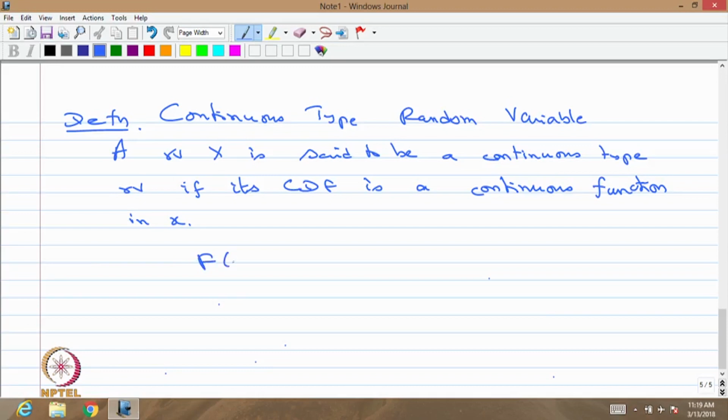Since it is a continuous function, one can write the left hand side, which is a continuous function, in the form of the integral from minus infinity to some x of some integrand dt. This is possible whenever the function is a continuous function in the whole interval minus infinity to infinity.